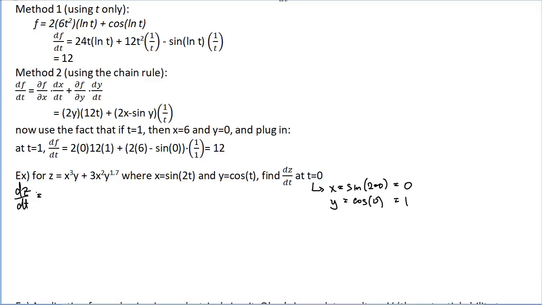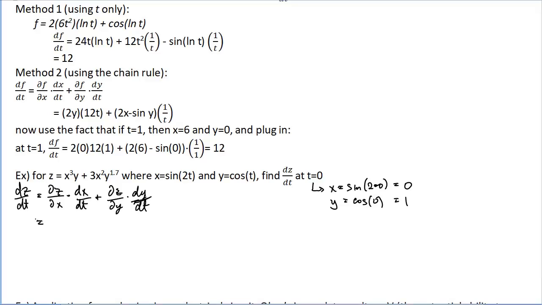dz/dt, and by the chain rule, we know that that's partial dz/dx times dx/dt plus partial dz/dy times dy/dt. Okay, so now we just need to figure out what these things are and then plug in.